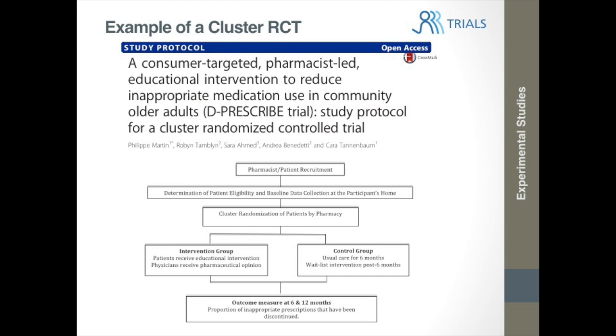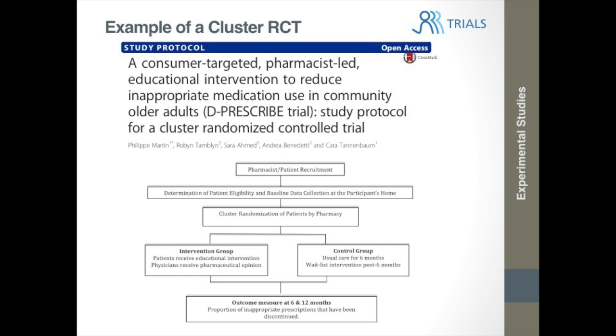This is an example of a cluster RCT. This trial evaluated the effect of a pharmacist-led educational intervention to reduce inappropriate prescriptions among older adults with polypharmacy. The study population were older adults recruited from community pharmacies in Quebec.